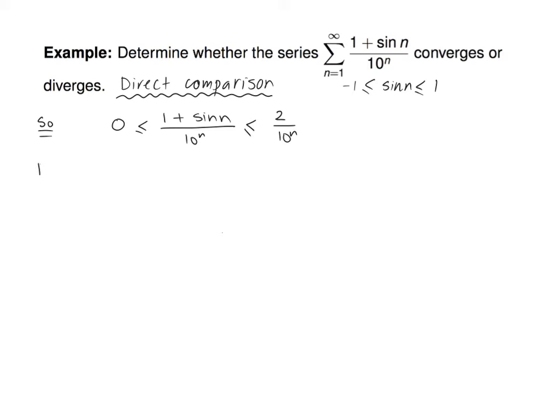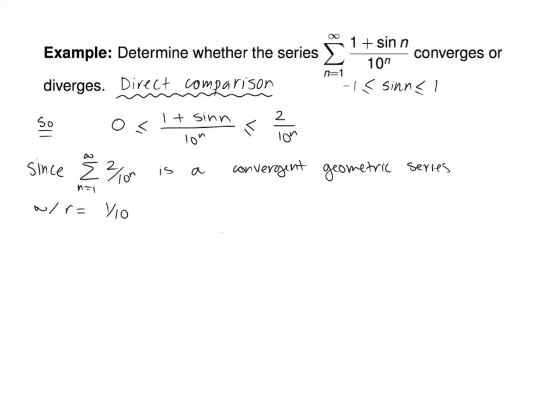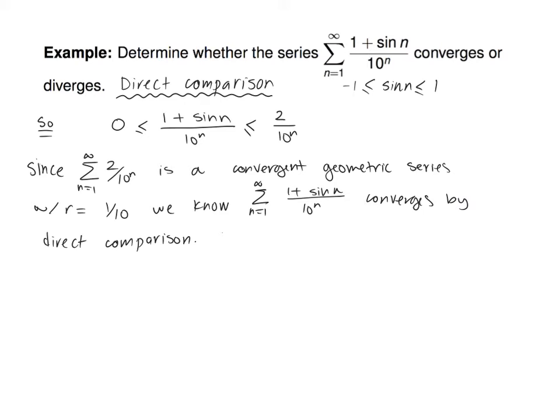Does that make sense? So since the sum of 2 over 10 to the n from n equals 1 to infinity is a convergent geometric series with r equal to 1/10, we know the sum from n equals 1 to infinity of (1 plus sine n) over 10 to the n converges by direct comparison.